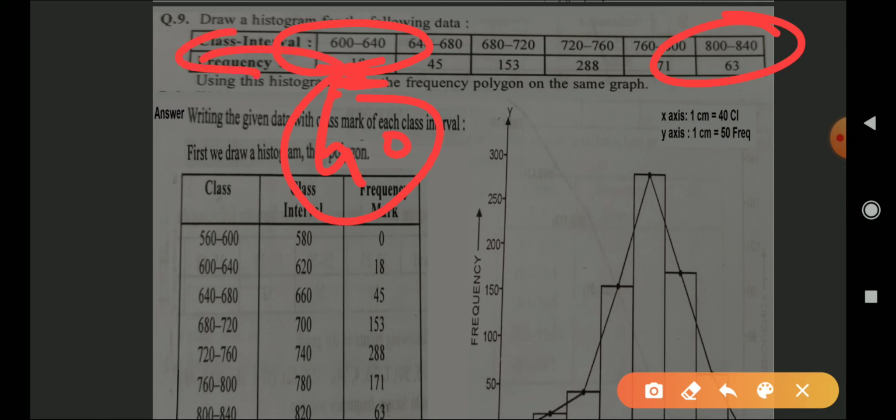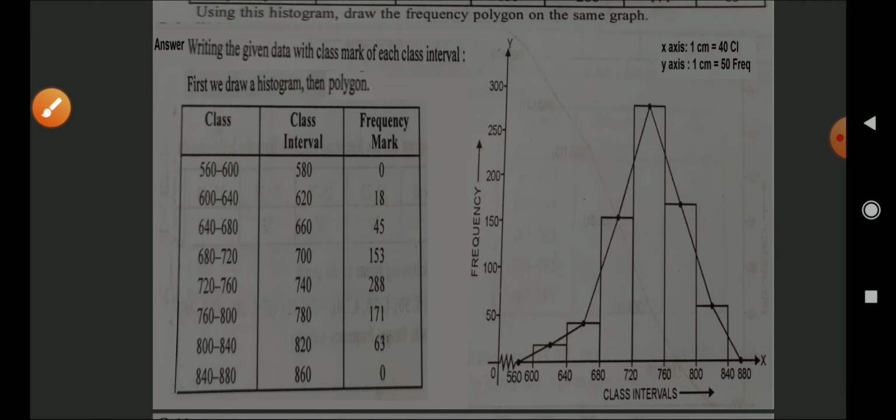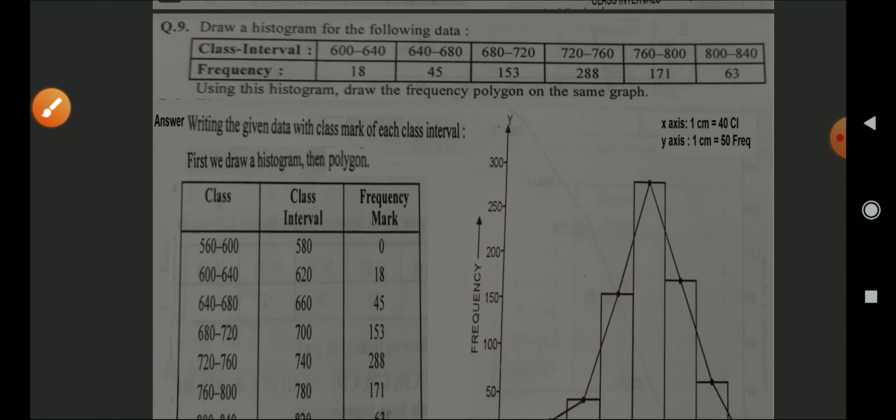So we go one more previous class, which will be 560 to 600, and the later class will be 840 to 880. In a frequency polygon we start with 0 and end with 0. The rest is the table given in the question.